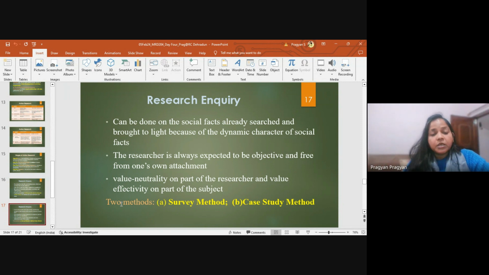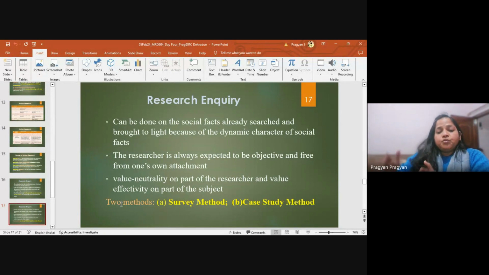That means the researcher has to be value free, but the values and norms of a particular population have to be incorporated in your study. So value neutrality on the part of the researcher is important, but you can't conduct any research in rural development bereft of the values of that community.